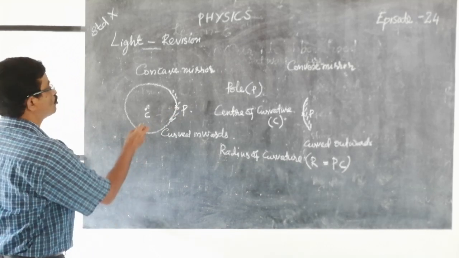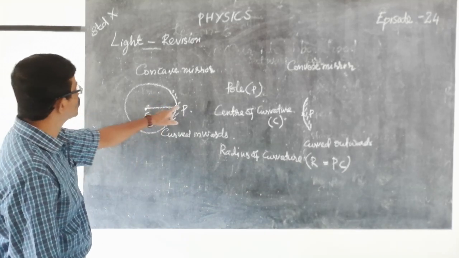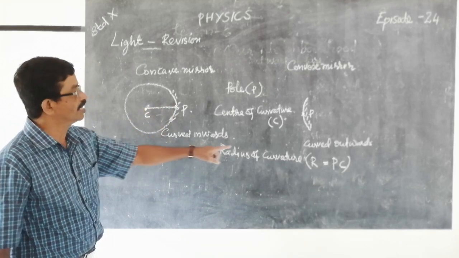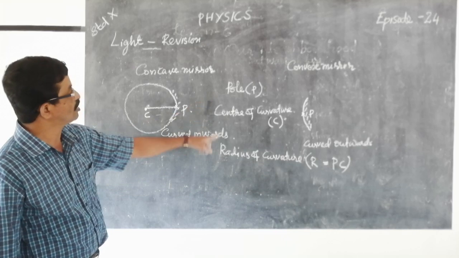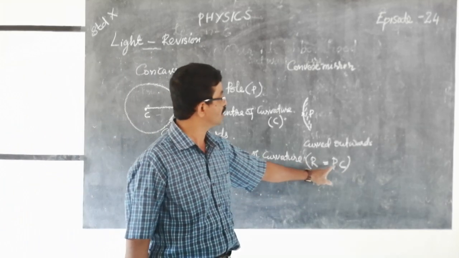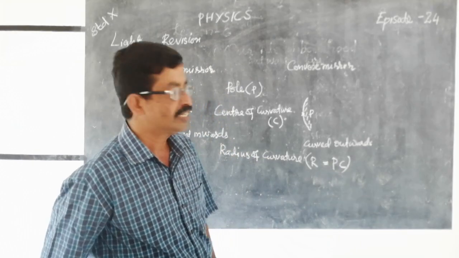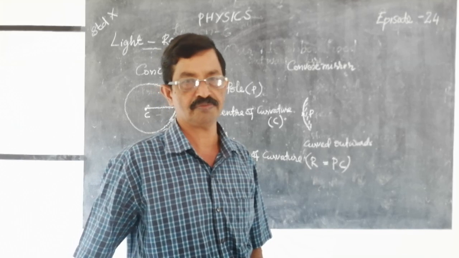That is distance from pole to center of curvature. This distance is the radius of curvature. The third term is the radius of curvature. It is equal to R, that is also equal to PC. It is the distance from pole to the center of curvature.